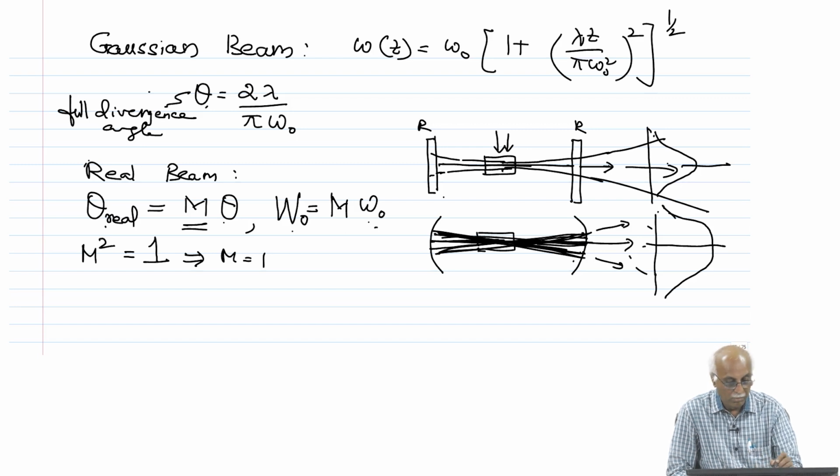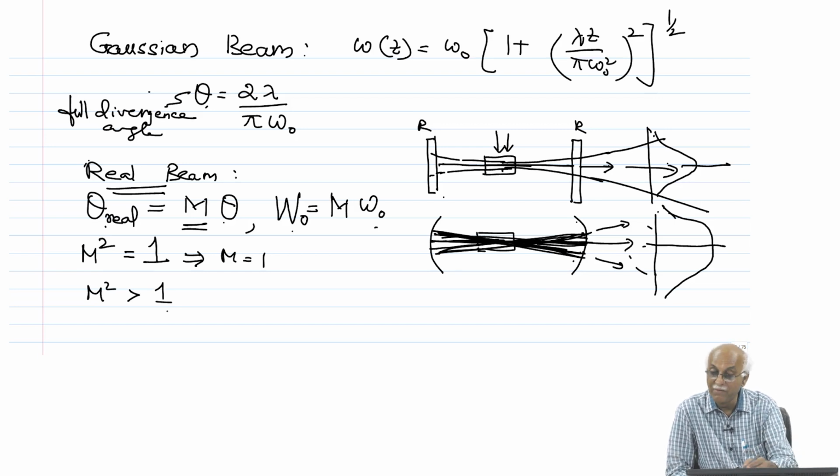But for most real laser beams, M square is not 1, it is generally greater than 1. The value is slightly larger, maybe 1.2 or 1.3, depending upon the laser cavity configuration.